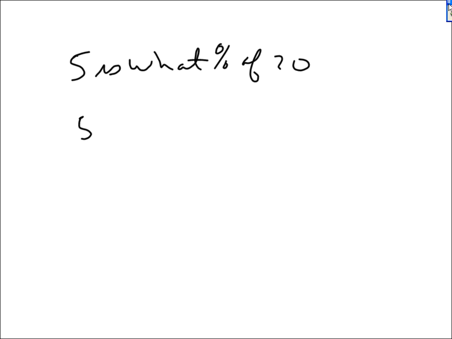Okay, let's try these last two. How about this one? 2 more. 5 is what percent of 20? Well, 20 goes in both of these numbers. One from the top, one from the bottom.